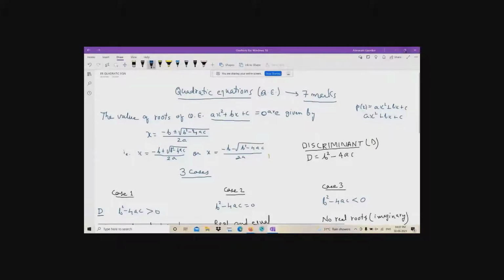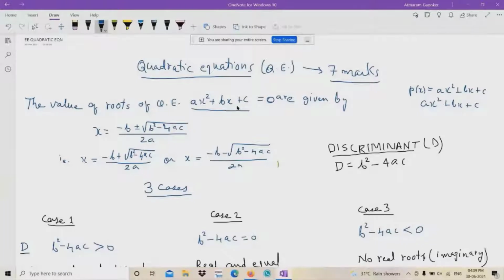That's why it is quadratic. So ax square plus bx plus c is equal to 0 is the quadratic equation. This was a quadratic polynomial. When we equate it to 0, it becomes a quadratic equation, because its highest power of the variable is 2.